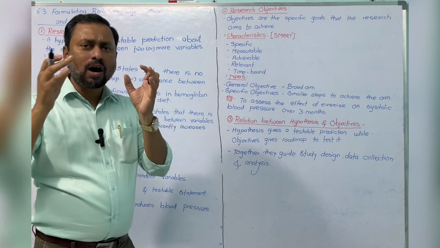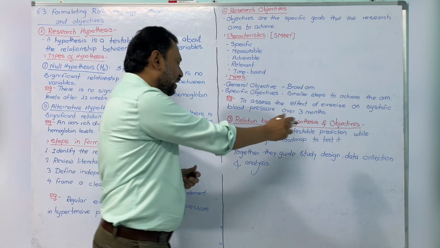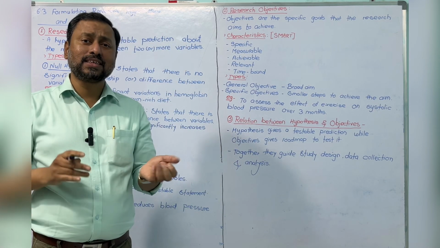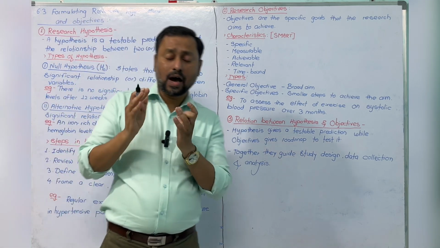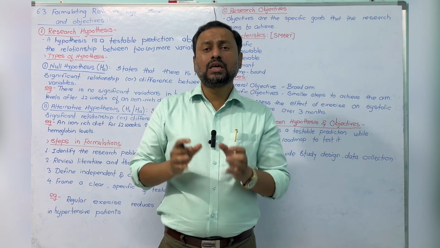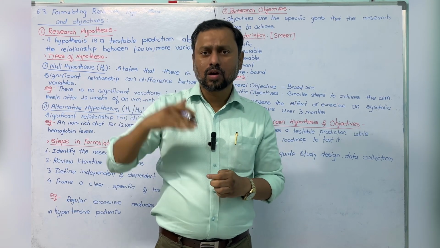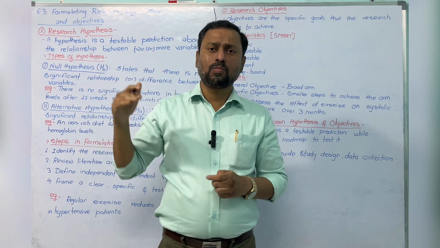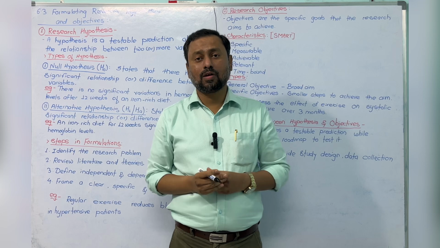It means how you are collecting the data, or whether you are using previous hospital data, and how you are analyzing it, you also have to mention. These two steps, hypothesis as well as research objectives, help you make the correct decision about the correct research method to follow. Both are helpful for the research methodology.